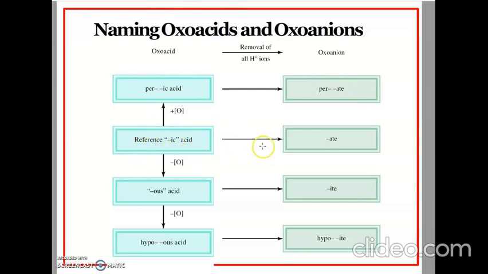When it loses hydrogen, it becomes ATE. If it loses another oxygen, it becomes OUS acid. And then if it loses a hydrogen ion, it becomes ITE. And then if it loses one more oxygen, it becomes hypo OUS acid. If it removes hydrogen, it becomes hypo ITE.